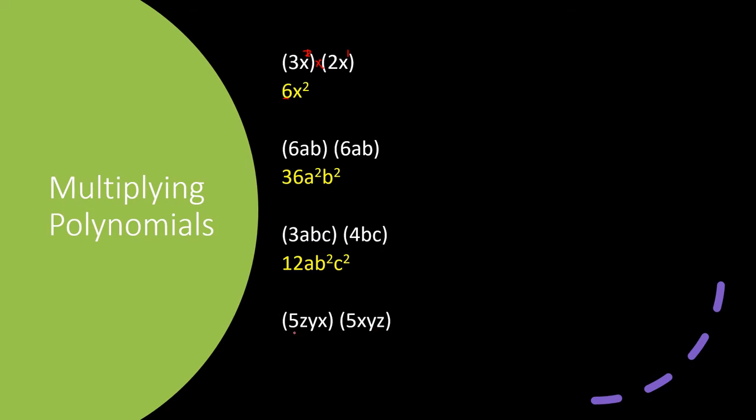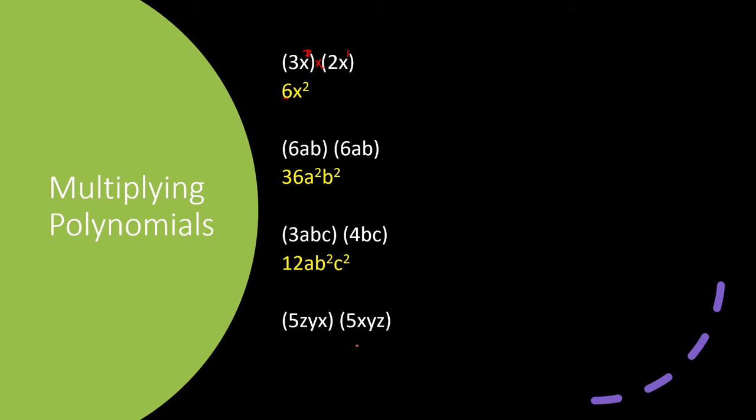Okay, I have right here 5zyx that is going to multiply 5xyz. If you notice, my friends, these are also like terms, but notice that the variables are in different order. So what we need to do whenever we write our answer for a problem like this, we always need to rewrite the variables in chronological order, in this case in alphabetical order.